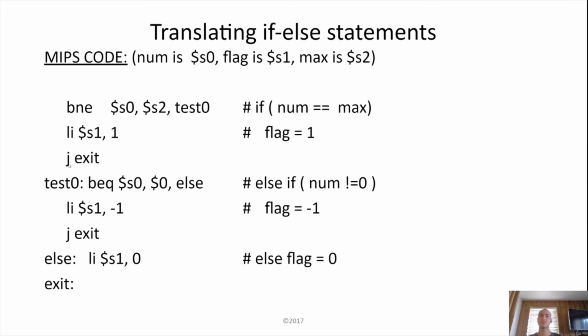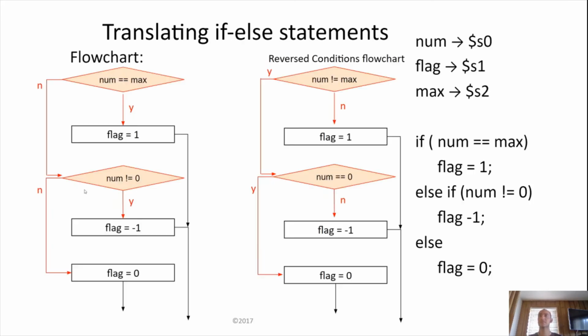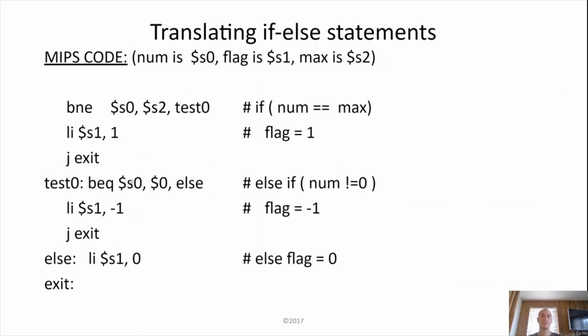So far, so good. For the second statement, or second condition, we have an equal. So we're going to have a BEQ here, checking something with 0. And if it's false, we have flag -1. So here we are checking that num with 0, and that's a BEQ.